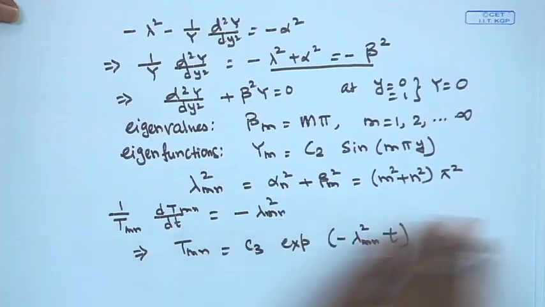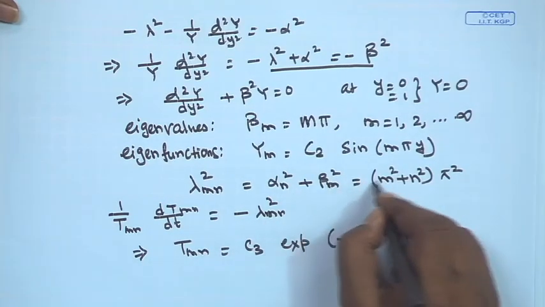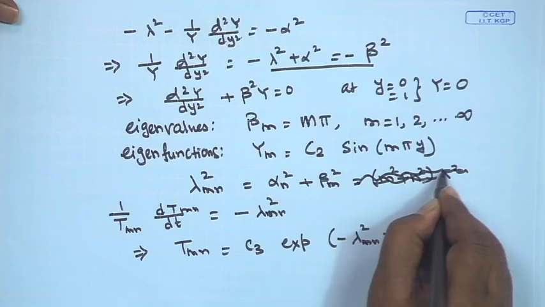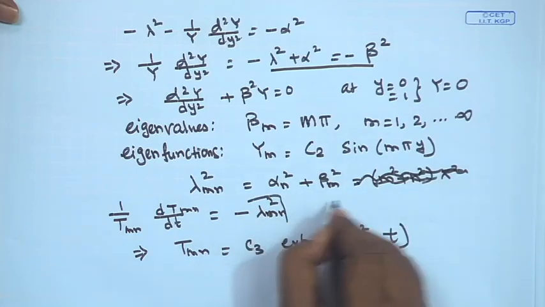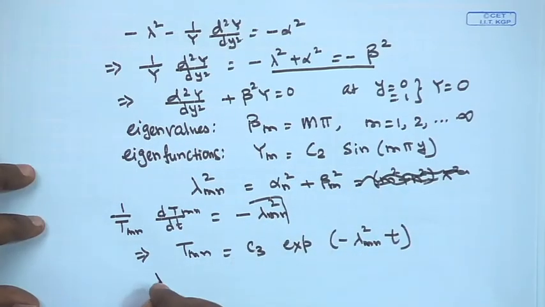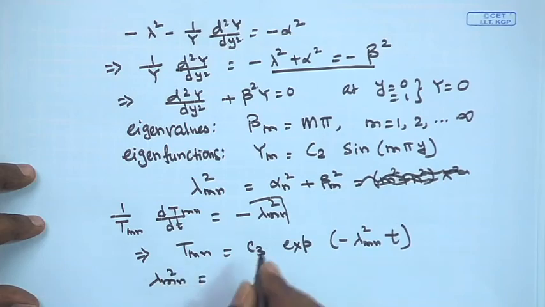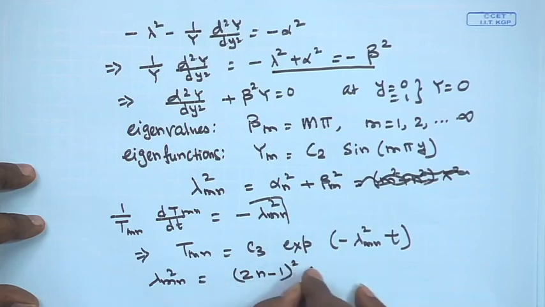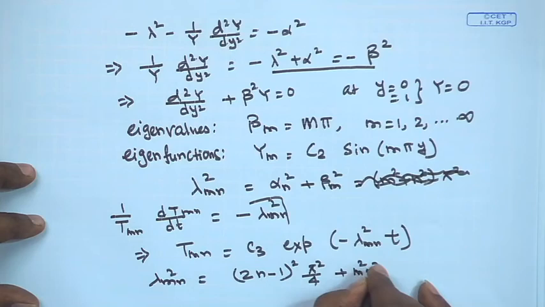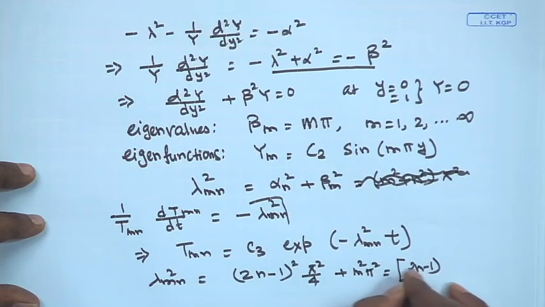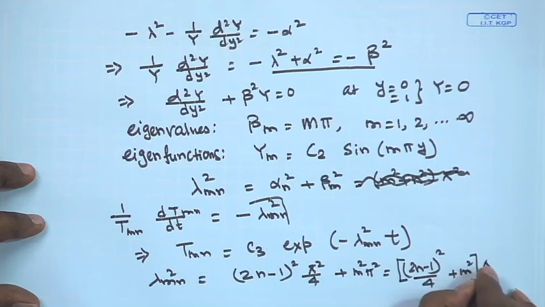Okay. So, here alpha n is 2n minus 1 pi by 2. Therefore, lambda m n square will be 2n minus 1 square pi square by 4 plus m square pi square. If you take pi square common, this becomes 2n minus 1 square by 4 plus m square, times pi square.